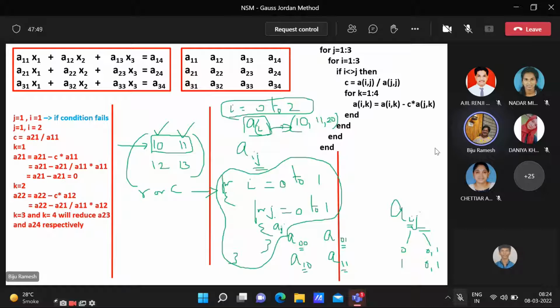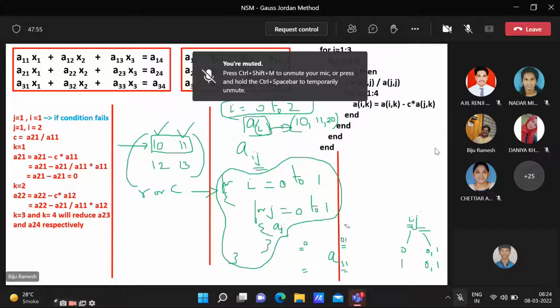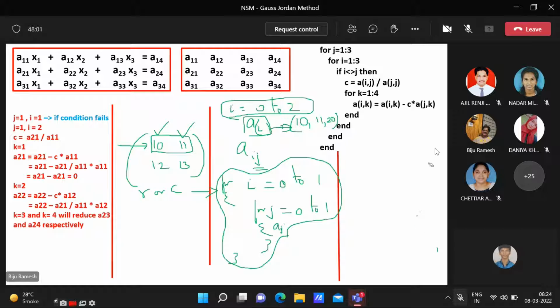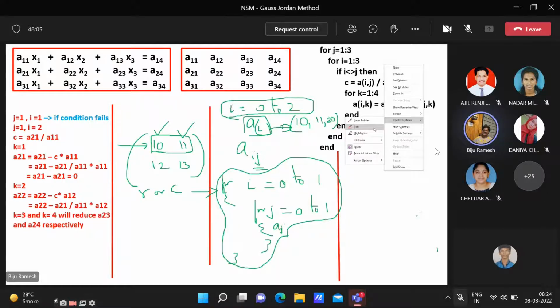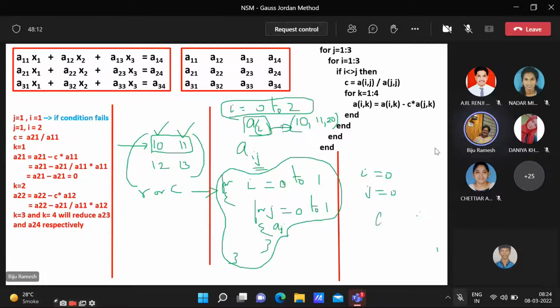How does it happen in this case? If you don't understand this, I cannot proceed further. First, i will be 0, j will be 0. So now you will read Aij, that is nothing but A00 first.